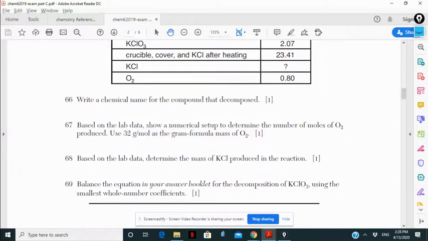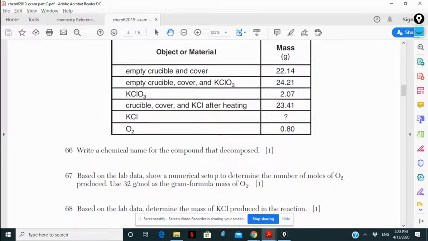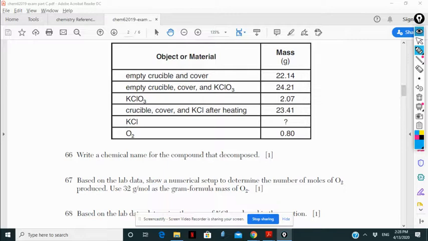Question number 68, based on the lab data, determine the mass of potassium chloride produced in the reaction. So now I'm going to see the data. Here is empty crucible and cover. Here is empty crucible, cover, and ClO3. No, he's asking about chloride here.